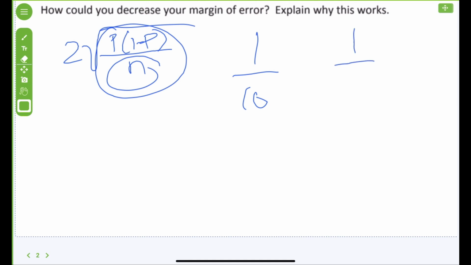If we have 1/100th, the value goes down, right? So as the sample size increases, the value is going to get smaller. Your margin of error is going to get smaller. Your standard deviation gets smaller. Your variability gets smaller because your sample sizes are increasing. Okay?